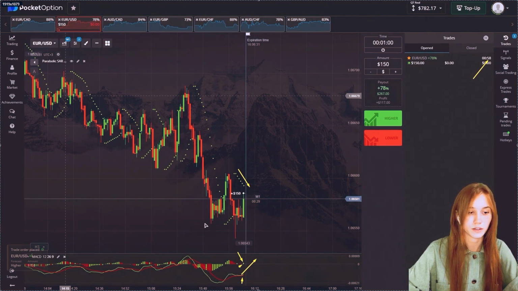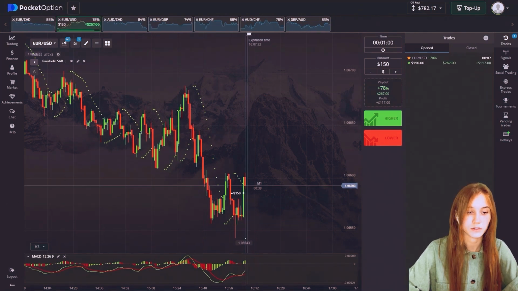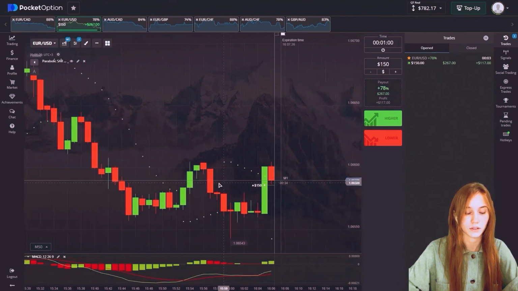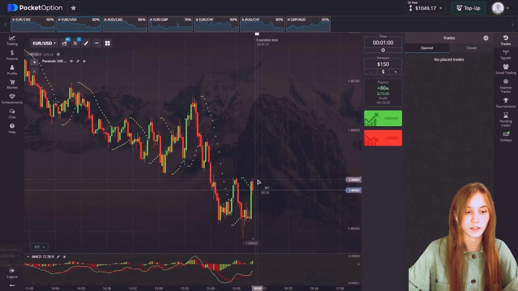Also we see increasing trend. 4 seconds left. Zoom it. Yeah. Our deal goes into plus.